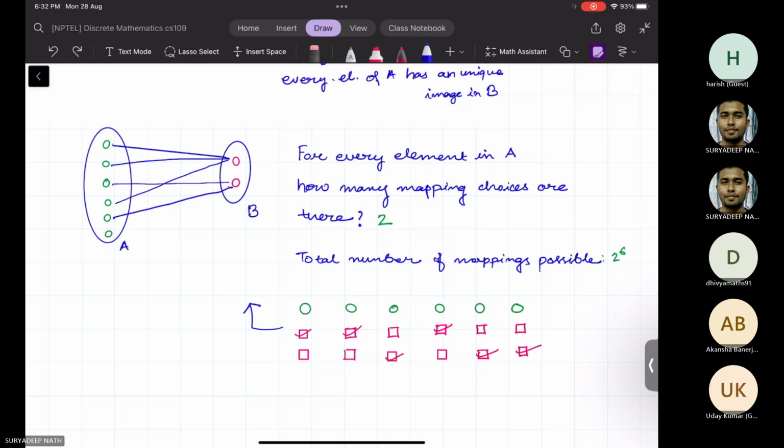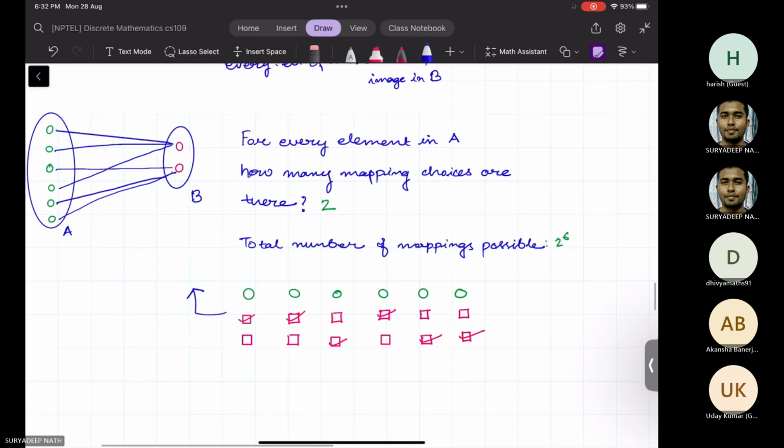This is the kind of mapping you get. Since there are six elements and they have two choices each, you get 2 to the power 6 total possible mappings.